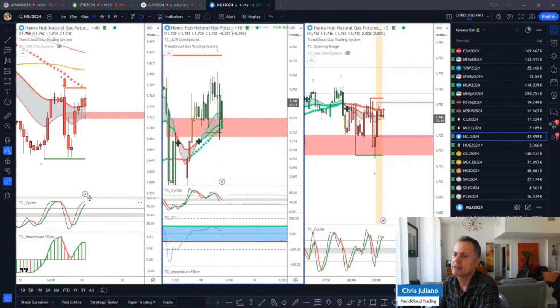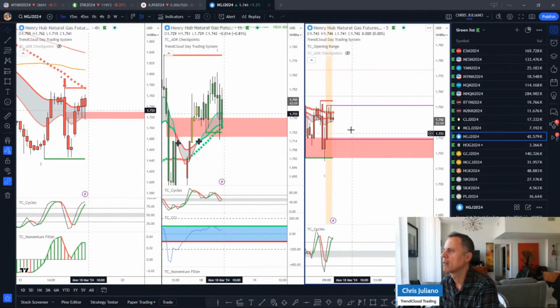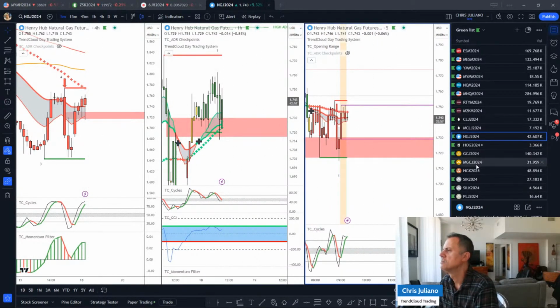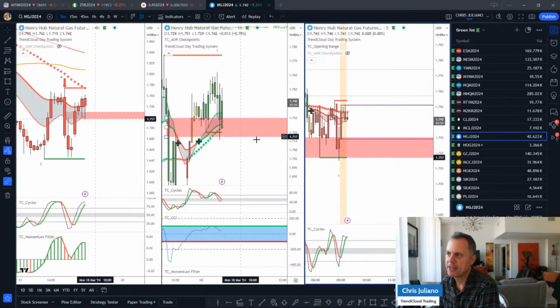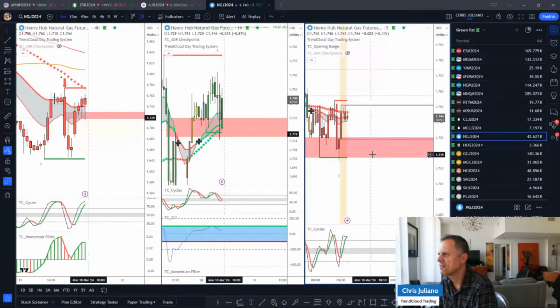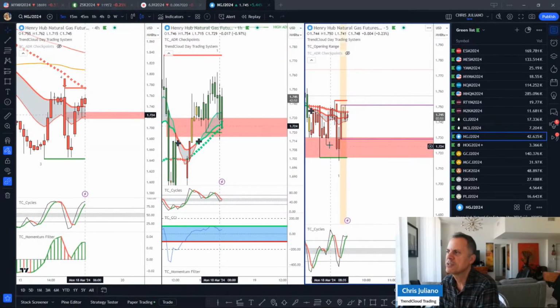Here we've got a little bit more momentum to the upside, though it didn't really cross positive 100 yet. So still mixed signals. Nothing that's all in alignment, right? I don't really see anything all in alignment here.